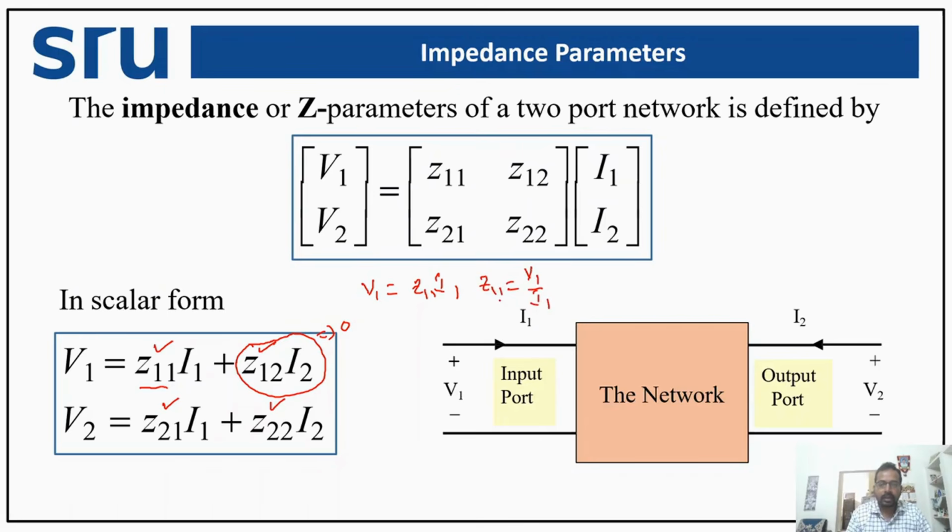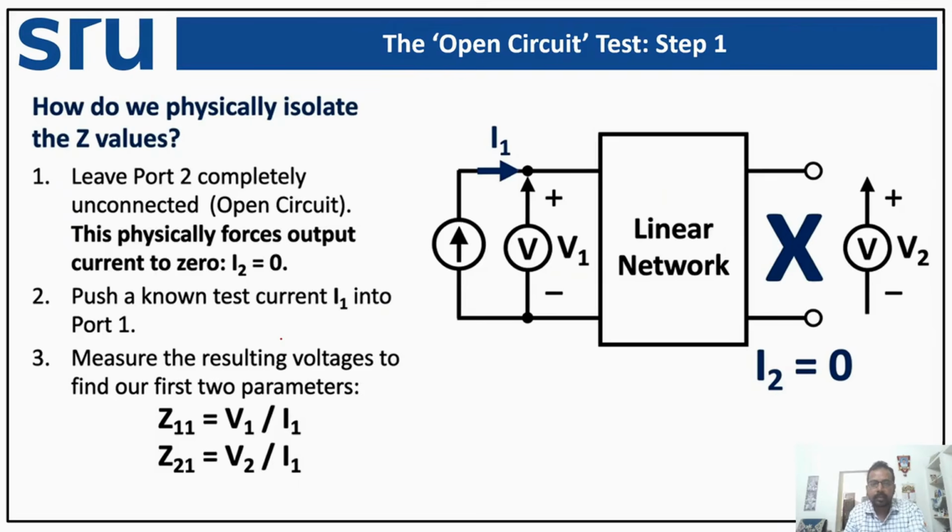So we are saying that we are trying to open the second port, which is written in this particular way. So we have a two-port network, and this is a black box, where we don't know how the circuit is connected, but we are assuming that the circuit is a linear circuit, and we have the absence of any dependent sources in this particular subnetwork.